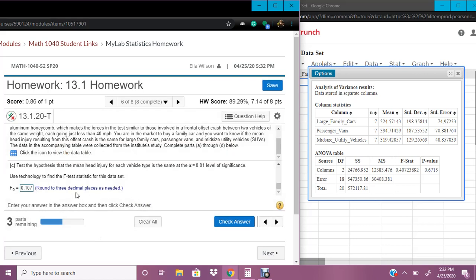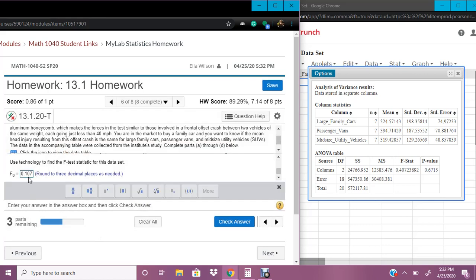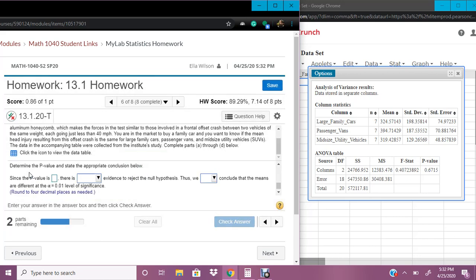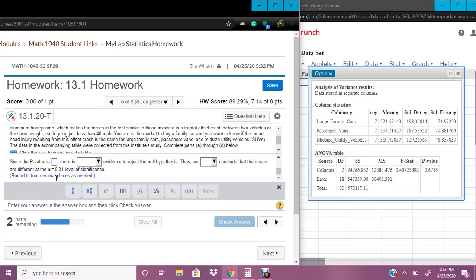Oh, I don't know why that typed in that way at all. 0.0407. Okay, p-value is right here. 4 decimal places. Usually it's only 3.